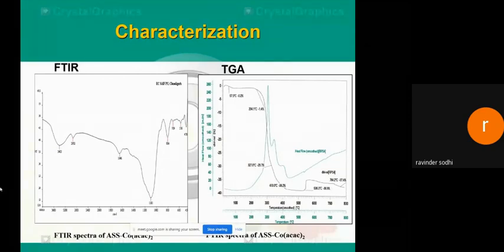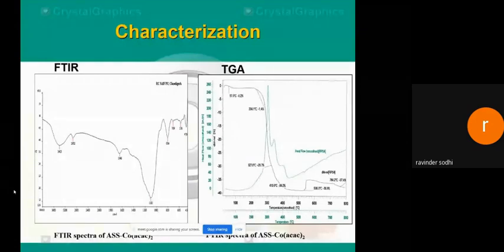The NH2 stretching vibrations overlapped with the OH vibration bands. After the complexation of these NH2 groups with metal acetylacetonate complexes, a characteristic C=N band appeared at 1646. So this is the FTIR of one of the catalysts.